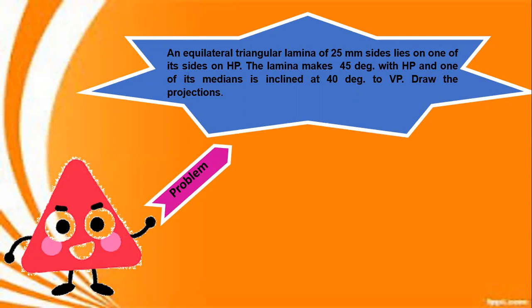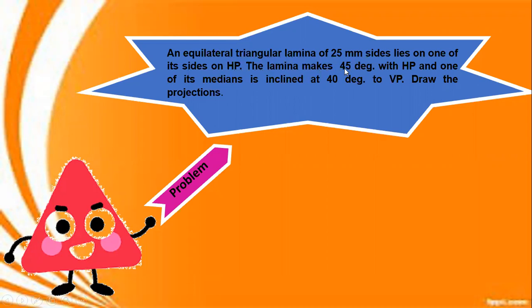The lamina makes 45 degrees with HP and one of its medians is inclined at 40 degrees to VP. Draw the projections. So the problem is of an equilateral triangular lamina, each side measures 25, and it is resting on one of its sides on HP.